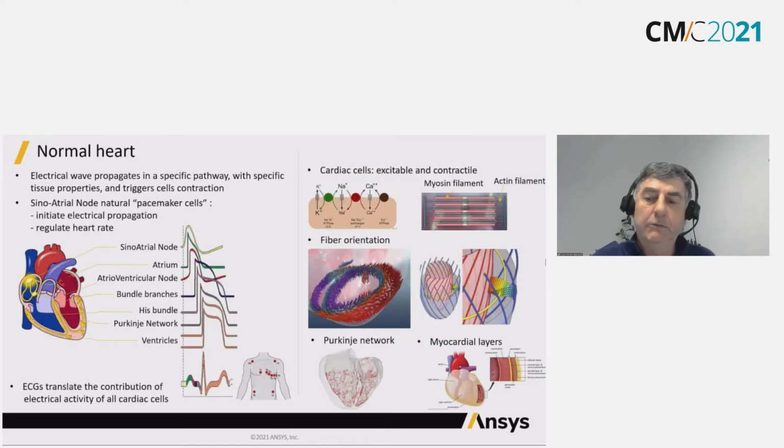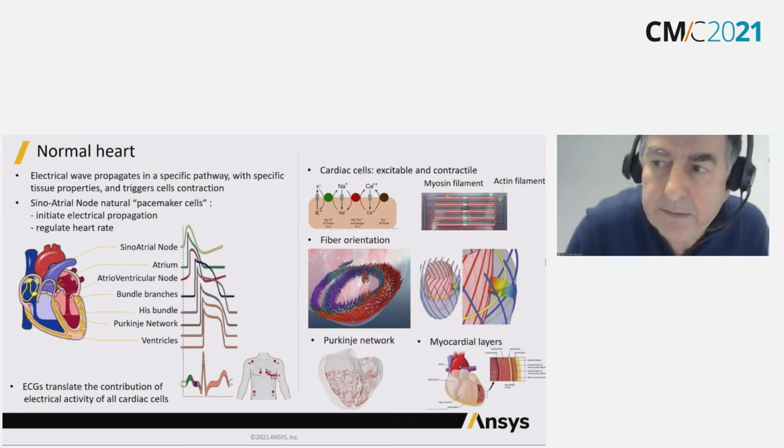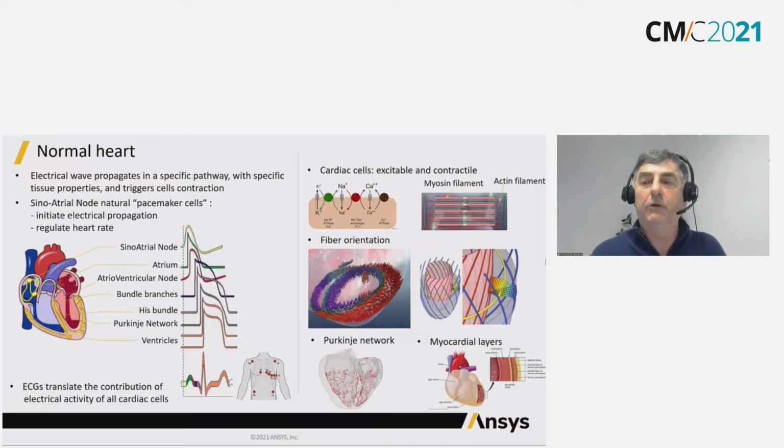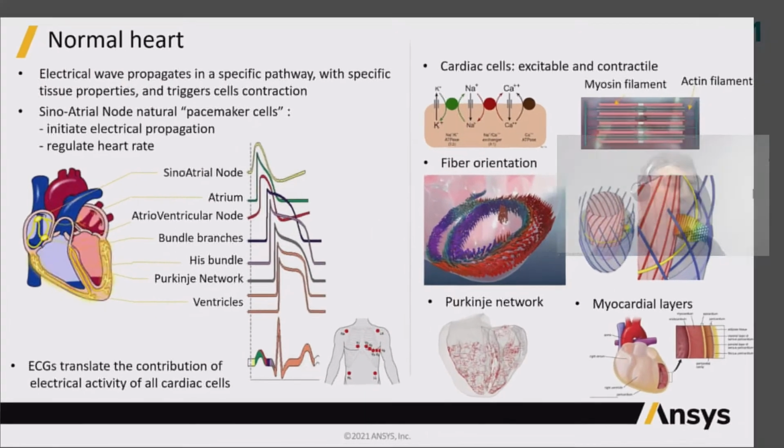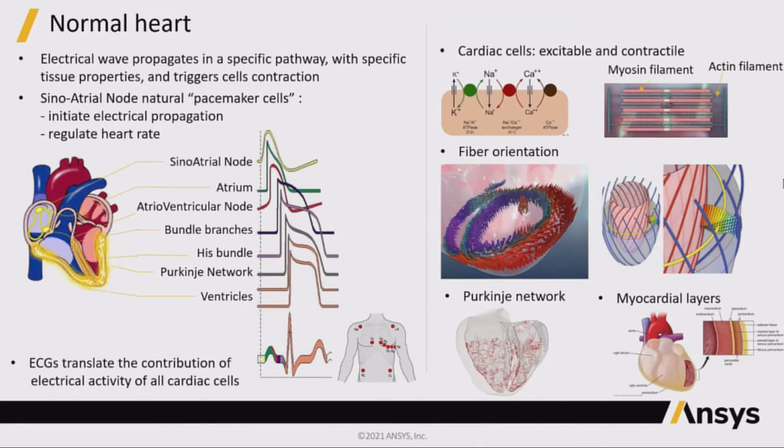So first we give some explanation about the normal heart. We say the normal heart is the heart of anybody, without any major disease. So the normal function, the normal heart in the body.